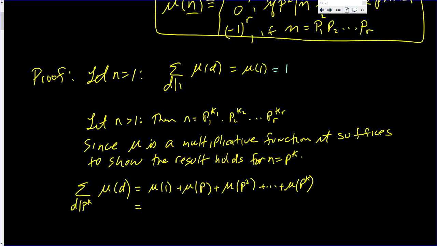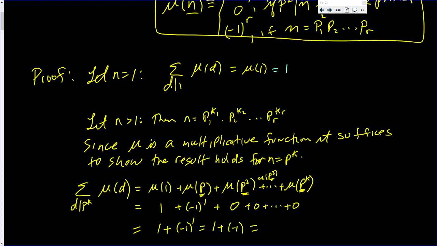Well, by definition, mu of 1 is 1, and this is only 1 prime, so it's going to be negative 1 to the 1. And believe it or not, the rest are 0, because p squared goes into that number. Mu of p cubed: p squared goes into that number. p squared divides p to the k. So we only end up with 1 plus negative 1 to the 1, which is 1 plus negative 1. Look at that. We get back 0.